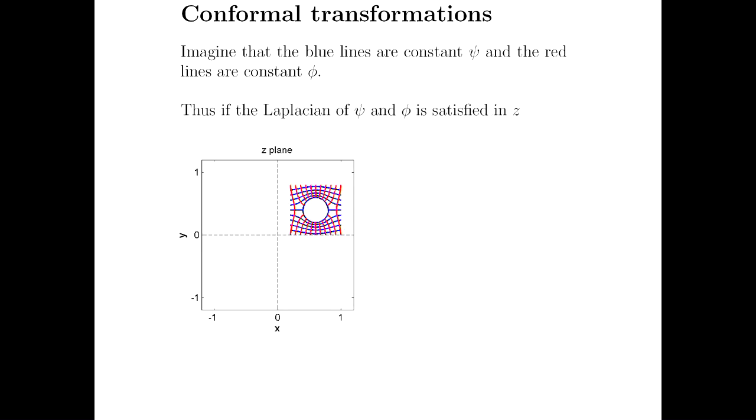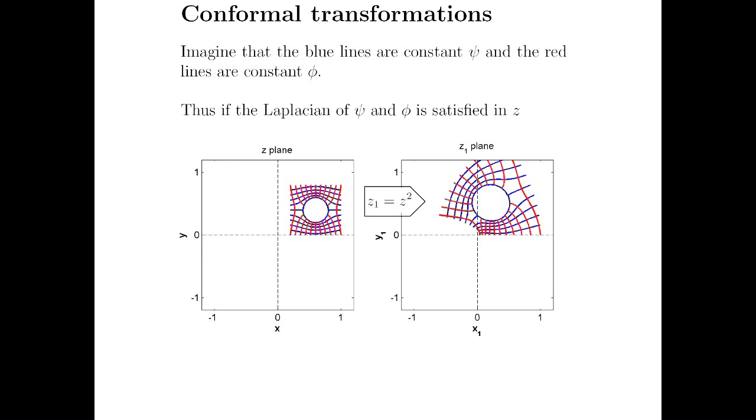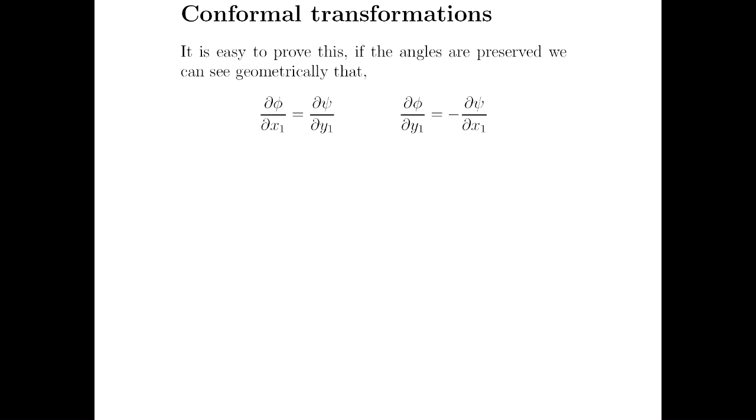Therefore, if the Laplacians of psi and phi are satisfied in Z, my original plane, and if I apply a conformal transformation, this tells me that the Laplacians of psi and phi are also satisfied in the Z1 plane. It's quite easy to prove this.